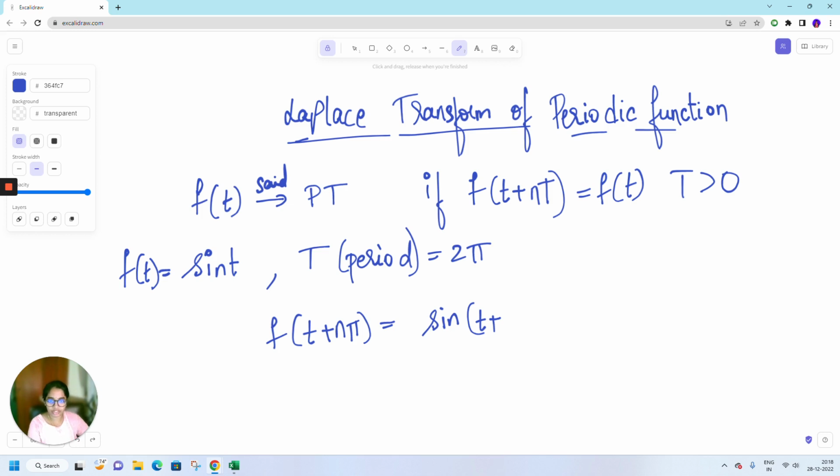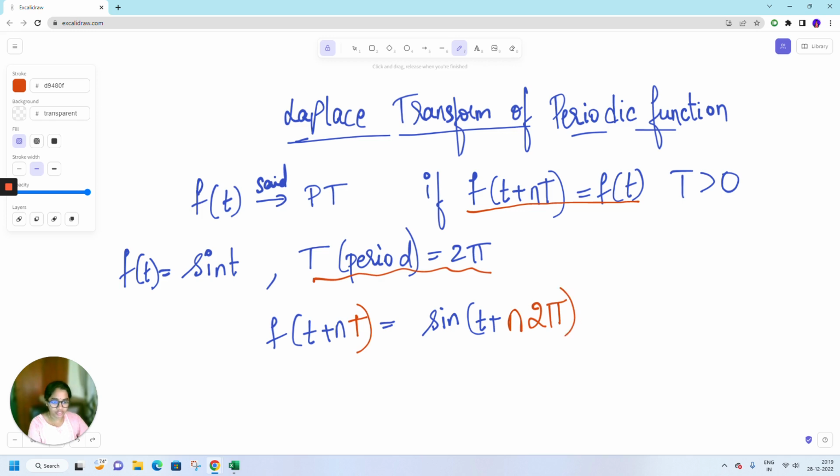Sorry, it is f of t plus nT, right? What is the condition? The condition is f of t plus nT is equal to f of t. So what is f of t plus nT now? It would be sine of t plus n, and in place of T I am taking 2 pi.